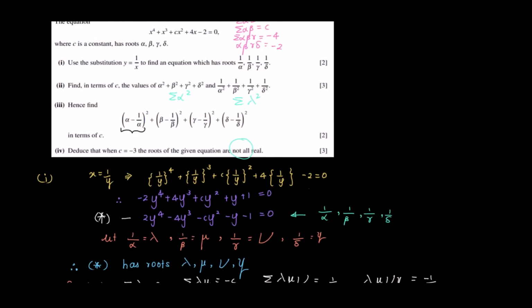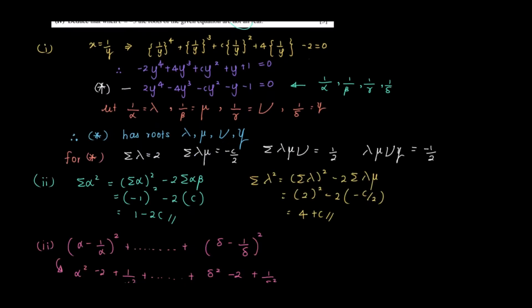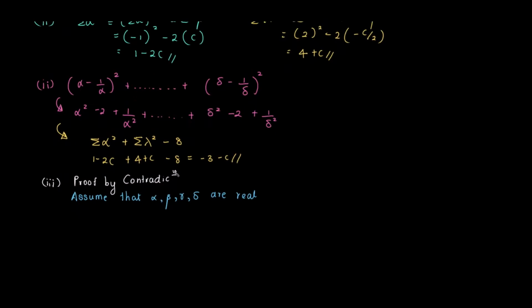So take a look at this. We found that this result is equal to minus 3 minus c, right? So if you substitute c as minus 3, you find out that it's equal to 0. And now we assume that all are real, right?